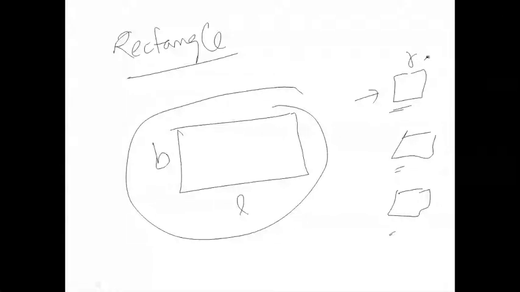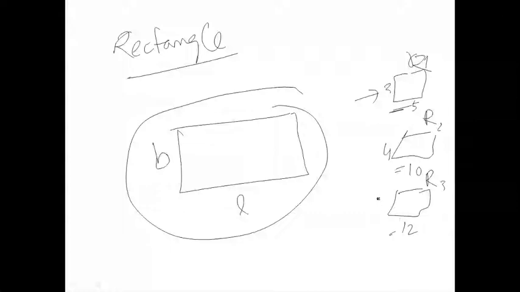So this is rectangle 1, this is rectangle 2, this is rectangle 3, this way. So here this is the design and this is the real rectangle. So here length and breadth, so suppose the length is 5 centimeter and the breadth is 3 centimeter. Here the length is suppose 10 centimeter, the breadth is 4 centimeter.